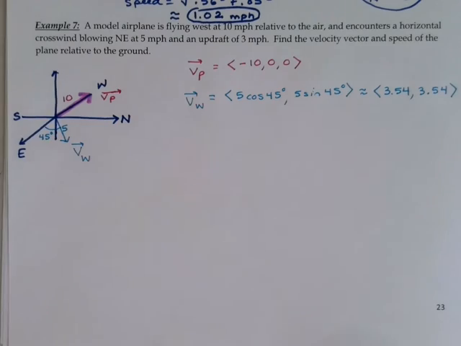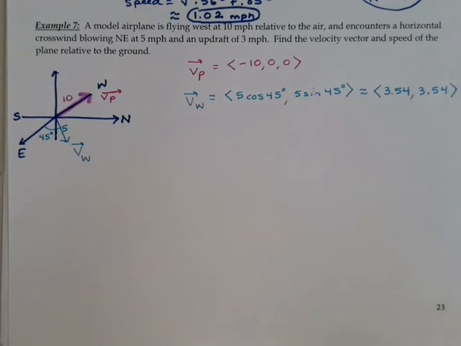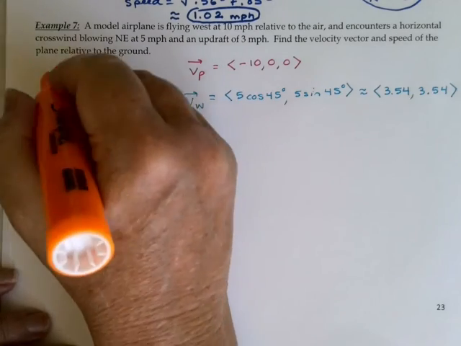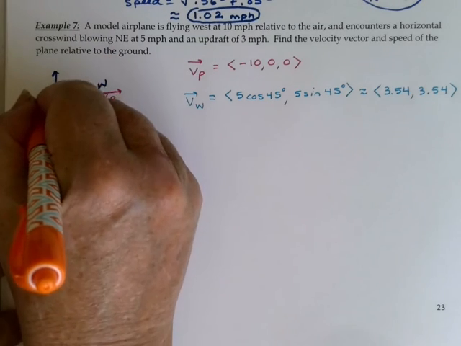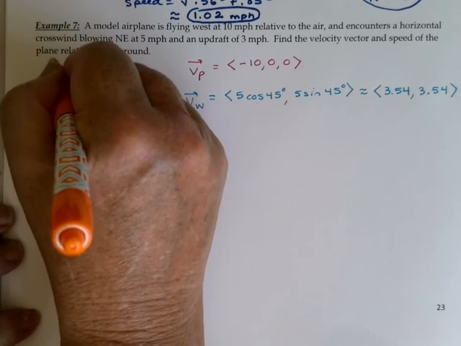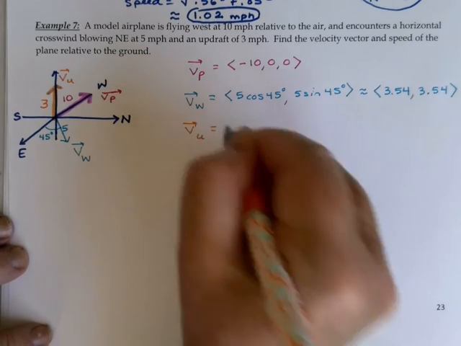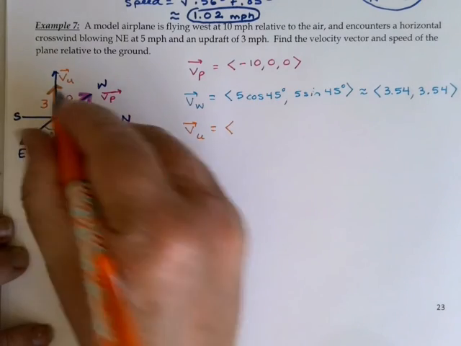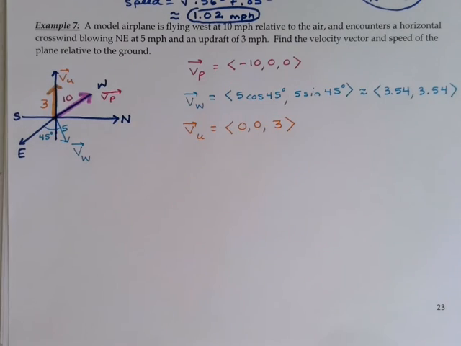All right, we also have an updraft. Straight up, 3 miles per hour. So straight up is going to be right on the z-axis. And that is a magnitude of 3. And I'll call that VU for the updraft. So VU is just going to be 0, 0, 3, right up the z-axis. All right, our goal is to find velocity and speed relative to the ground.